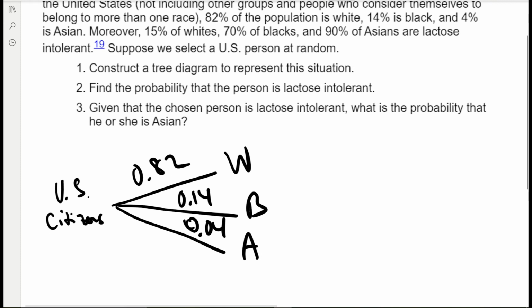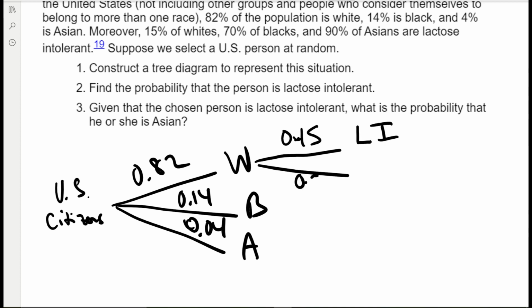All right, so it says of the 82%, 15% are lactose intolerant, which means that 85% are lactose tolerant.